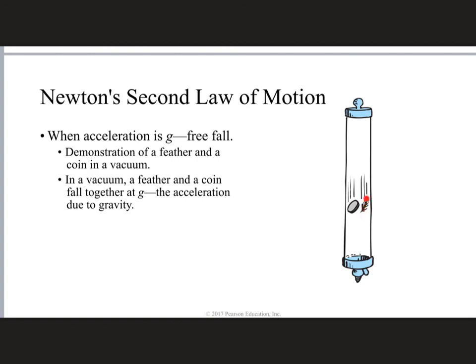So the impact of the air resistance on the feather is much stronger than the impact of the air resistance on the motion of the coin. So that's why the coin is able to hit the ground first. But if you repeat the same experiment and you hook up a vacuum hose and you suck out all the air so there's no air resistance possible, and then you repeat the same experiment, what happens is the coin and the feather will hit the bottom at the same time every time. And that is inertia in action.